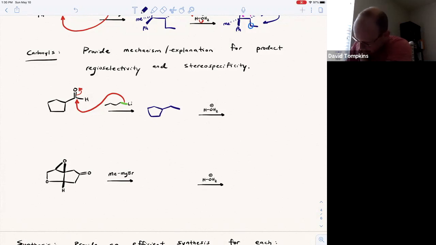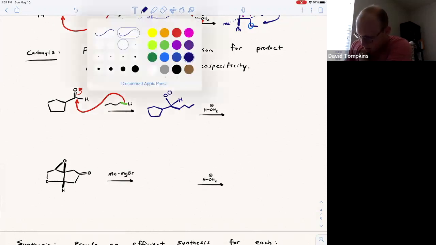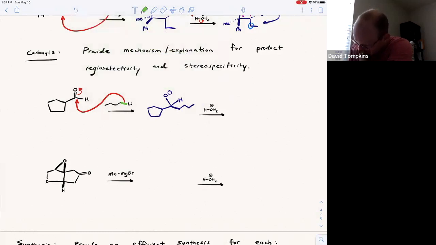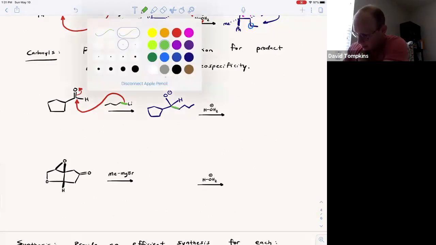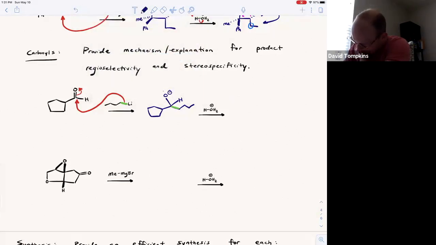So we get a nucleophilic addition reaction here. And that electron density that was between carbon and lithium is now between two carbons. So we added the 4-carbon butyl chain. Acid workup, once again, will give a neutral alcohol in a later step.